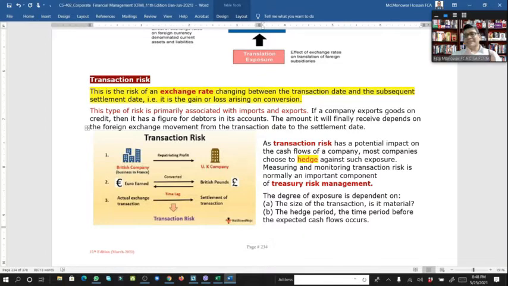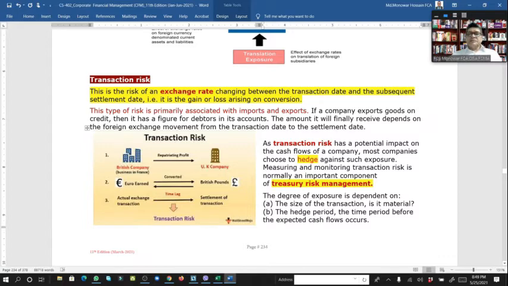Measuring and monitoring transaction risks is normally an important component of treasury risk management. So it's also a treasury function. Every bank has a treasury function.